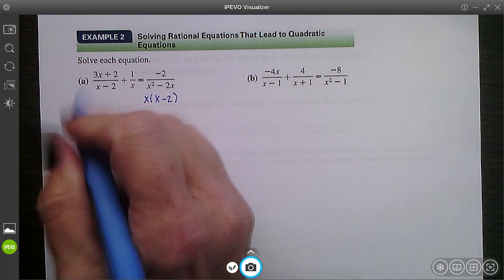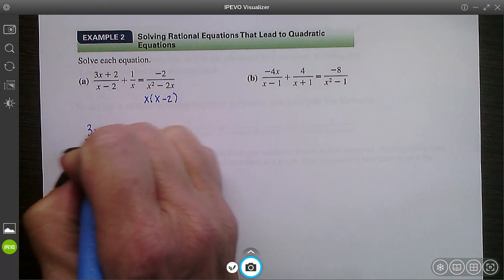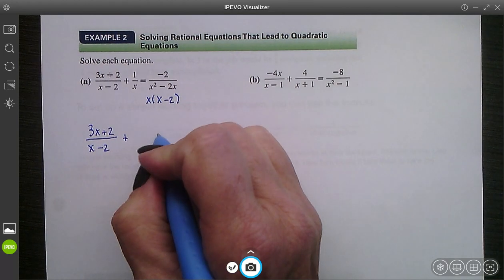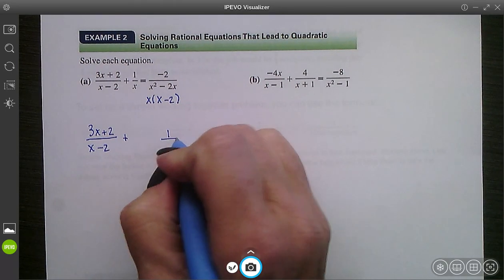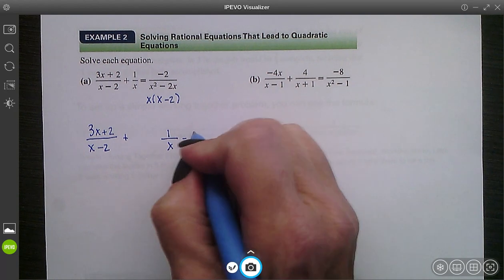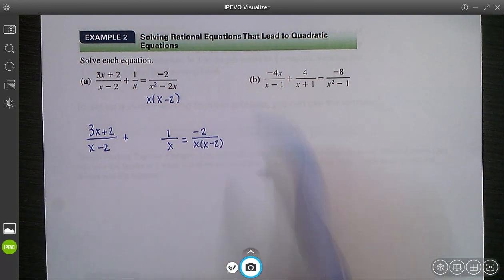So after I factor, I have 3x plus 2 over x minus 2 plus, I'm going to leave myself space so that I can multiply by my LCDs, 1 over x equals negative 2 over x times x minus 2.